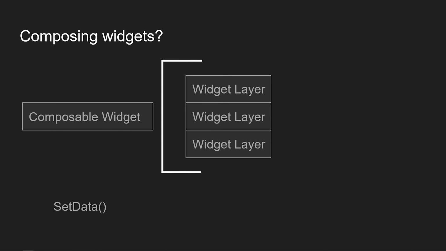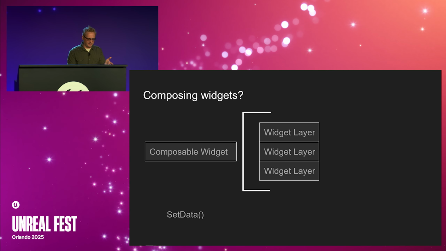And when the composable widget gets something like a set data call, it's then going to find at runtime all the widget layers that it has attached to it and then call set data on them. So what this allows us to do is that the widget layers can all be really independent, and we can put them in different configurations.